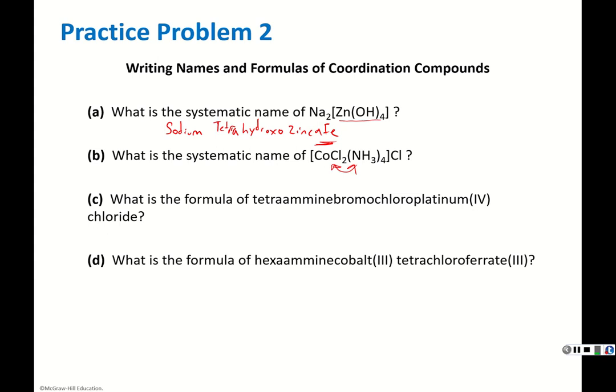So this becomes ammine, dichloro cobalt, and the counter ion is chloride.